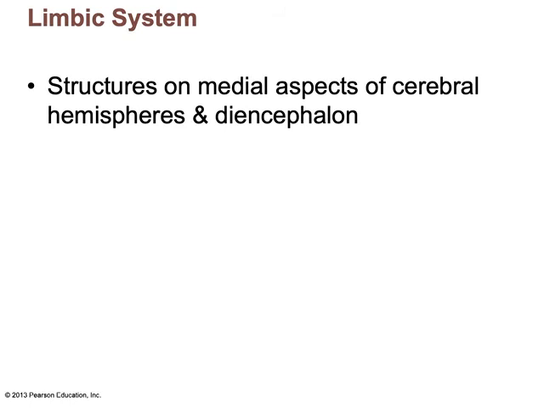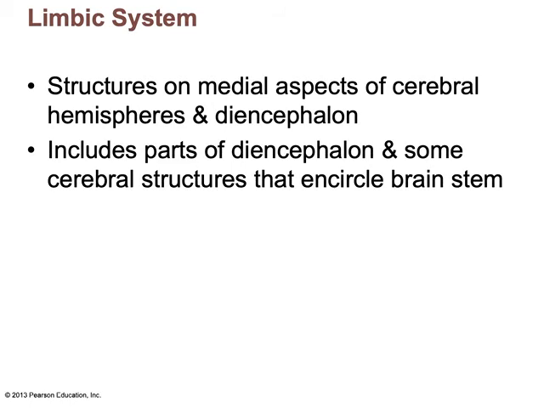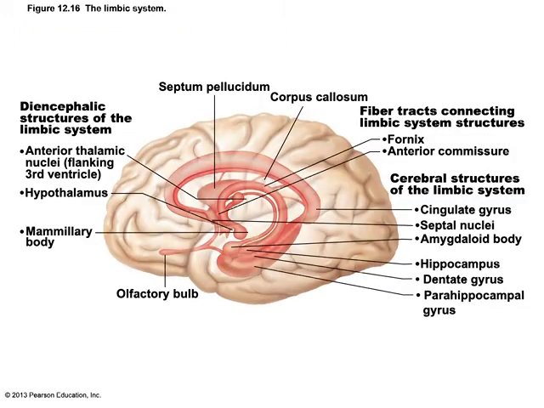The limbic system is a set of structures on the medial aspects of the cerebral hemispheres and diencephalon, and there are also some structures that encircle the brainstem. Okay, there are components of the diencephalon, there are components of the cranial nerves, and structures such as the hippocampus and the amygdala that are part of this system. So you can see them here.